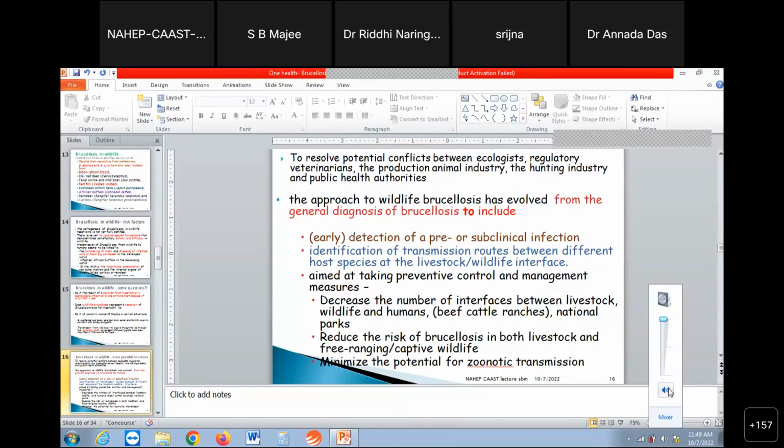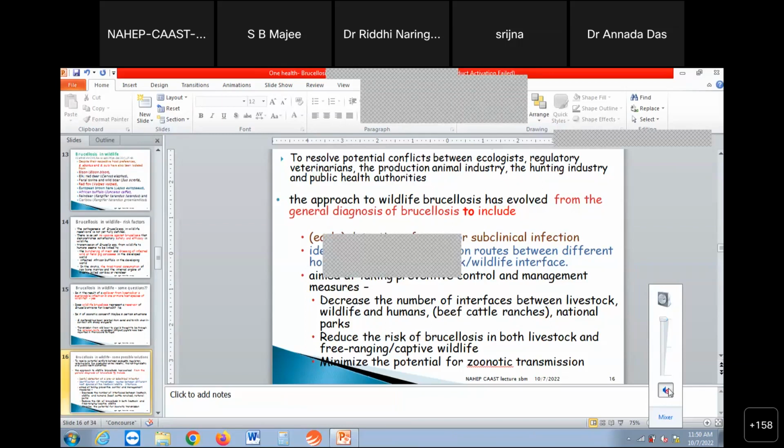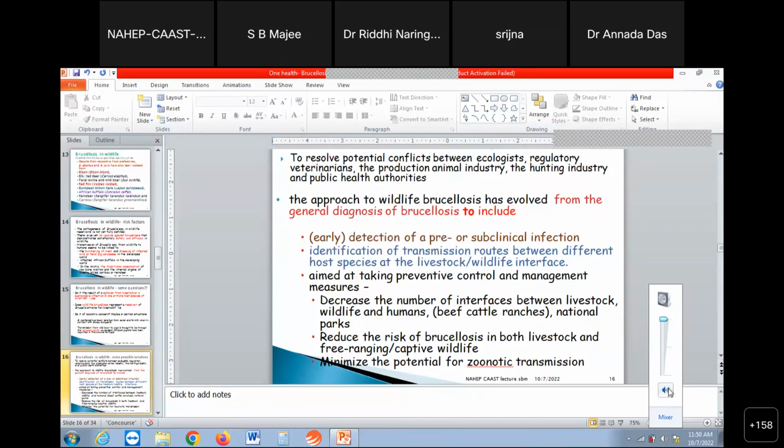Before introducing an animal into the zoo, if it is brought from a national park, it should be quarantined and tested for all diseases, because that is what captive wildlife is. So we have to reduce the risk of brucellosis at this interface, and this will minimize the potential for zoonotic transmission.